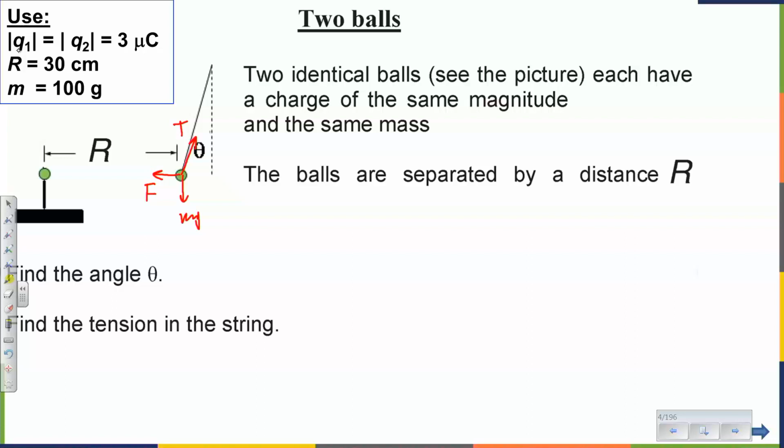So let's say electric, not elastic, would have been the same letter. And the ball is in equilibrium, which means the net force acting on it is 0, which means electric force, I said it's not elastic, plus force of tension, force due to strain, plus force of gravity is equal to 0.